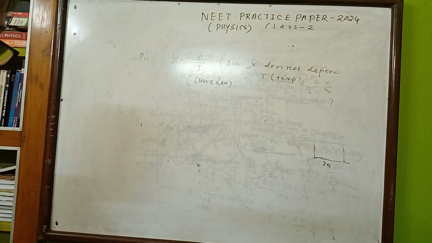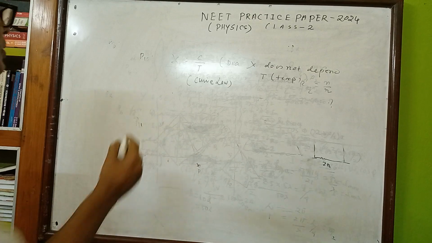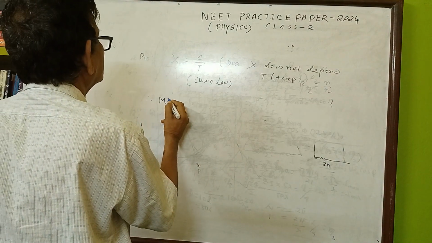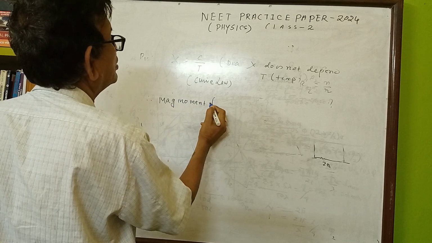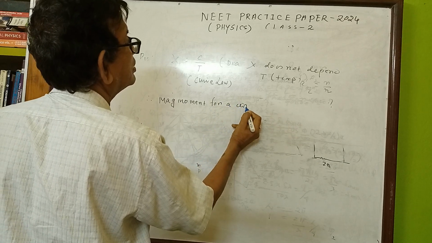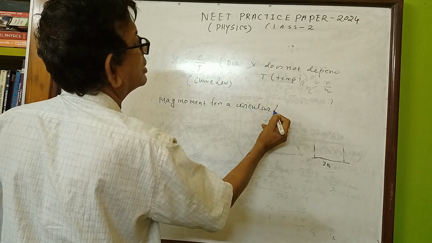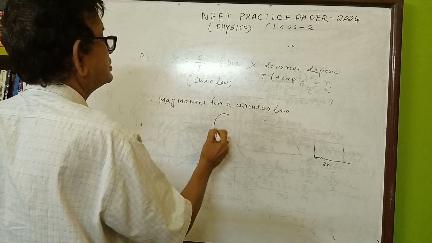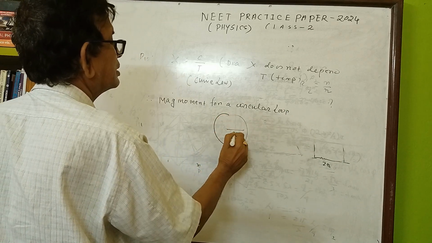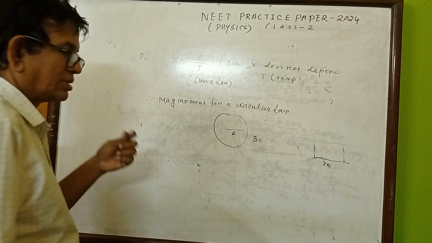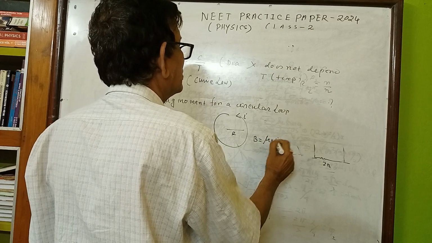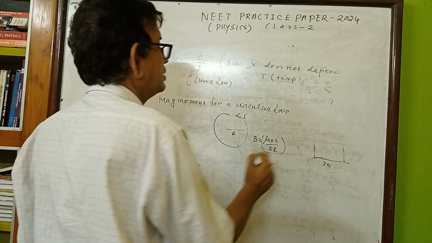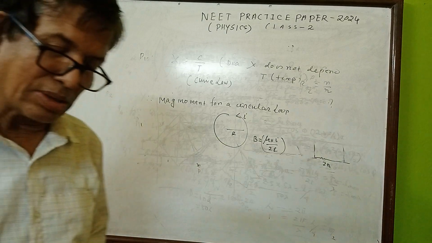Okay, next another problem. Find out the magnetic moment of a thin round loop. Calculate the magnetic moment. Magnetic moment formula for a circular loop of radius r, and B is given by mu naught. Current I is passing. B equal to mu naught I by 2r. Clear? Mu naught I by 2r.